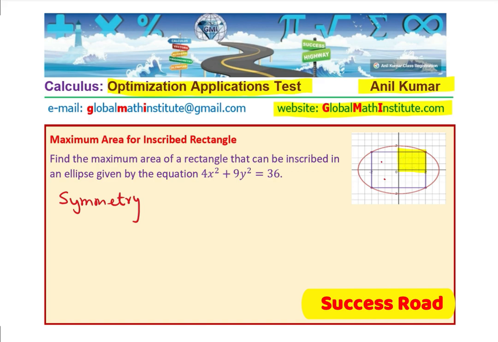If you maximize this quarter, you can also get the maximum area of the rectangle, which would be 4 times A1. So from the symmetry, the area of rectangle R will be equal to 4 times the area of rectangle 1, which is in quadrant 1.